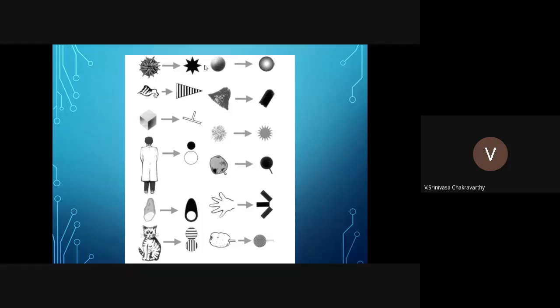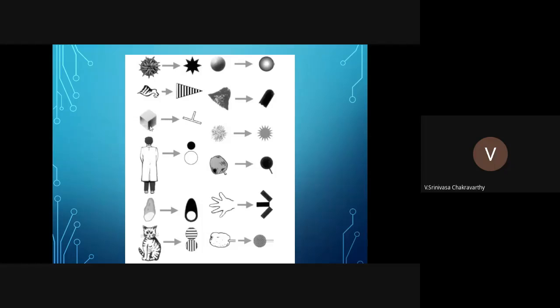So in fact, this image is organized into two columns. They are showing a complex object and a simplified representation. So this pokey ball on the left top is represented as this kind of a star with eight corners. Similarly, this cat's leg with black and white stripes is presented as a triangle with black and white stripes.